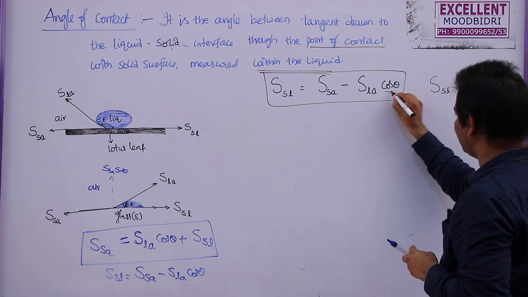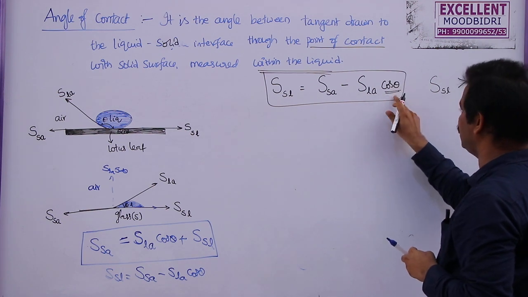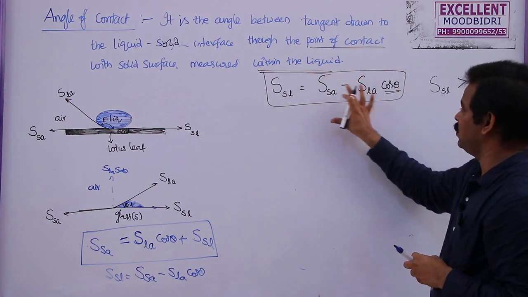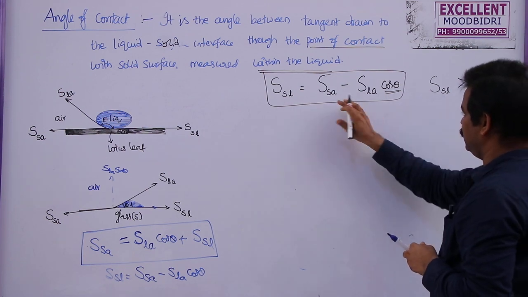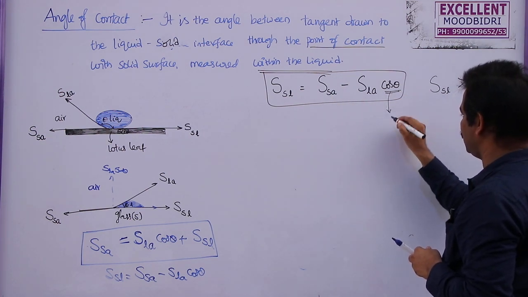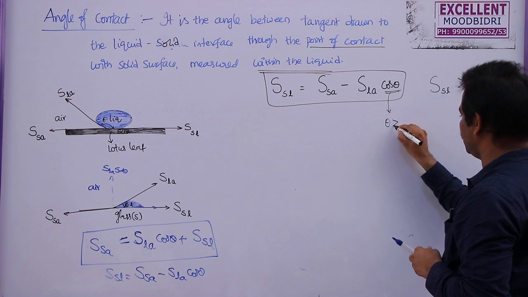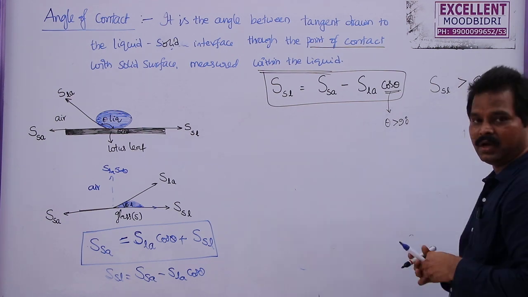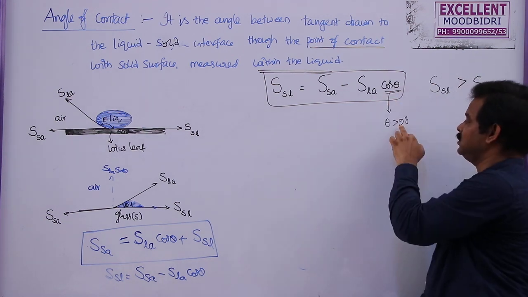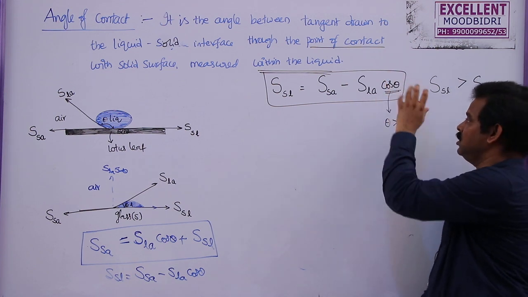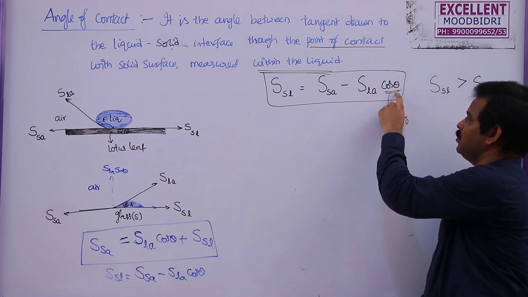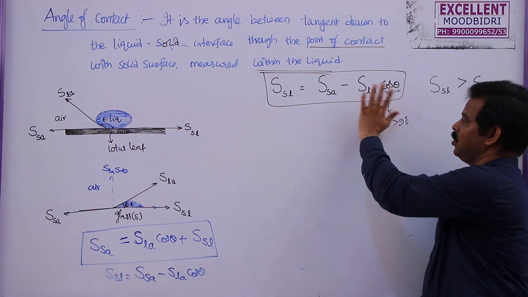So if cos theta is negative, negative of negative will become positive and this value will be more. For this to happen, theta should be greater than 90 degrees, because in the second quadrant, from 90 to 180, cos is negative, so negative of negative becomes positive.